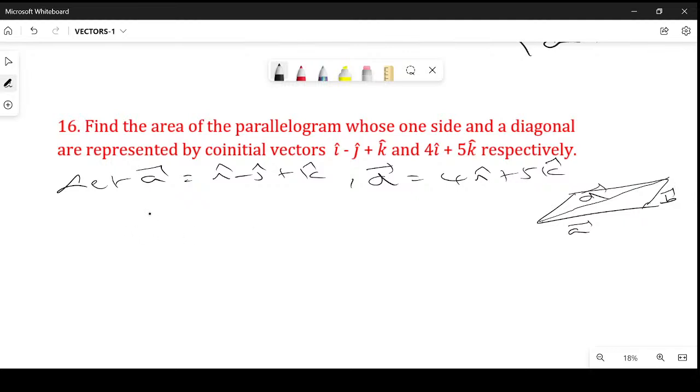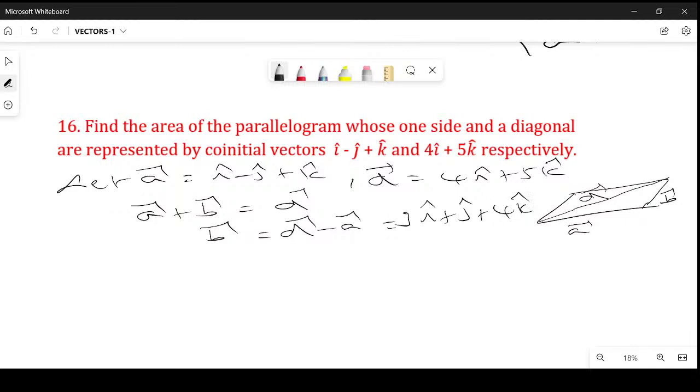So in a parallelogram a bar plus b bar equal to d bar, so b bar equal to d bar minus a bar. 4 i cap minus i cap gives 3 i cap, and minus a bar means plus j cap, and 5 k cap minus k cap gives 4 k cap. This will be the b bar vector we got.